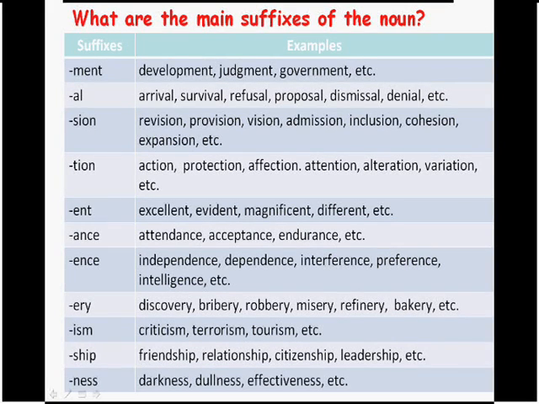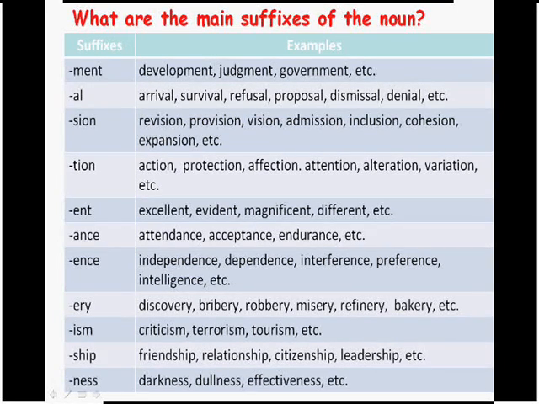So these are the main suffixes that we use in order to change a word into a noun. The word can be a verb or sometimes an adjective, like let's say dullness, and other words, okay?